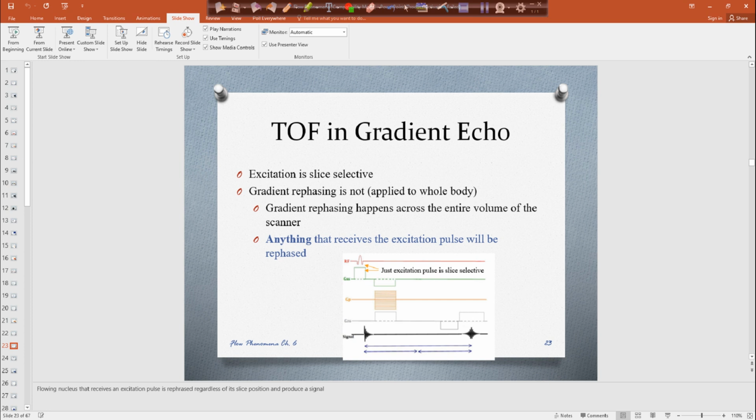When we use our gradients to rephase our spins, as you can see here with our frequency encoding gradient, where we dephase and then rephase, these happen across the entire volume of the scanner. So even if that blood flowing nuclei is in our foot, we excite it there with a slice select gradient, and then it's moved all the way up to your heart. It's gone all the way back to your heart. You can still rephase it because you have gradients along the entire length of the bore of the magnet.